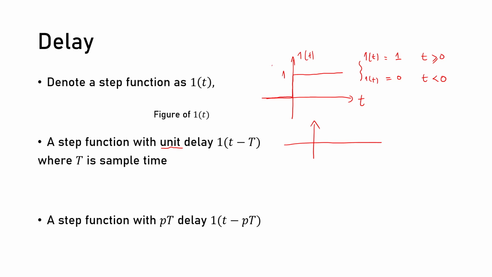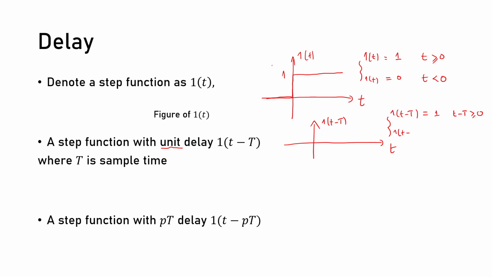For this one, similarly, maybe I should start from the arithmetic form. First, 1 of t minus capital T equals 1 when the argument is positive or 0, which means t minus capital T is greater than or equal to 0, right?